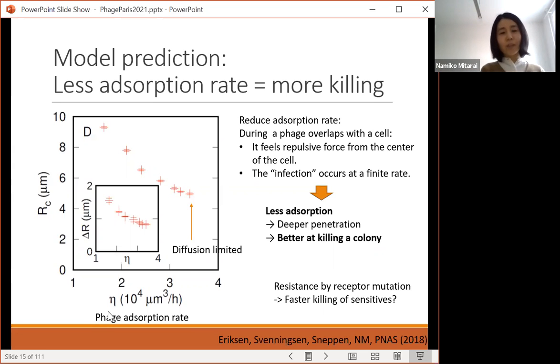So if we simulate the critical survival size of the colony and change the absorption rate, this critical size becomes smaller and smaller as the phage absorption becomes stronger. So somehow, if more phages get attached, it's actually more protective for the bacteria.